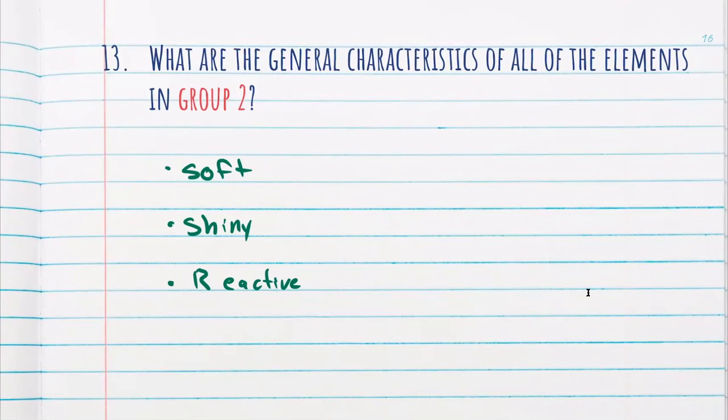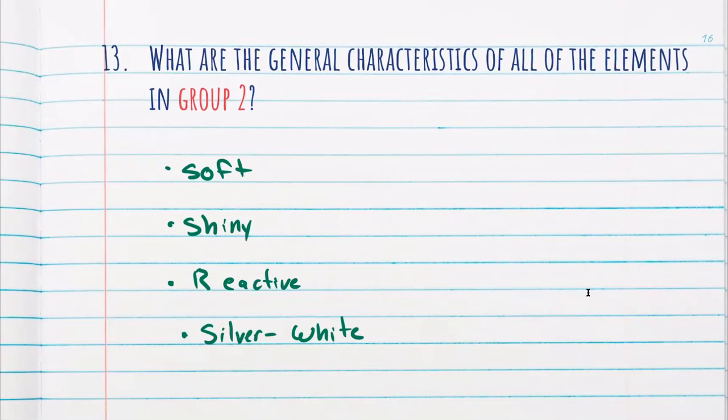And when we think about their color, they're more of a silver-white color. Now, these are all general characteristics that they all have. Some might be a different color, but in general, this is what all of these elements share.